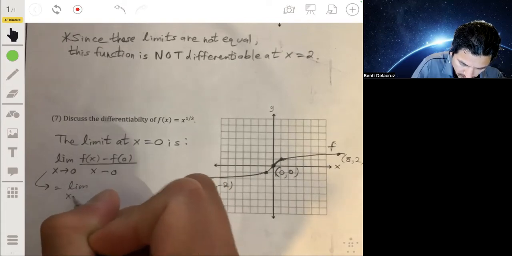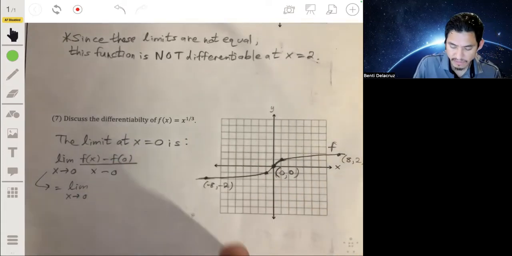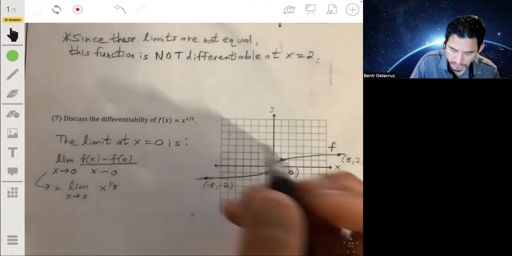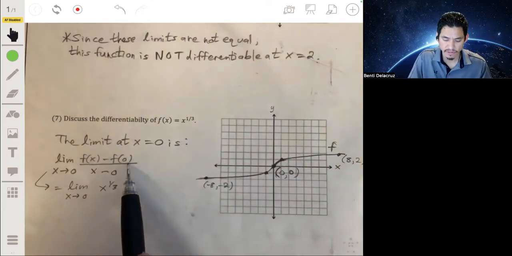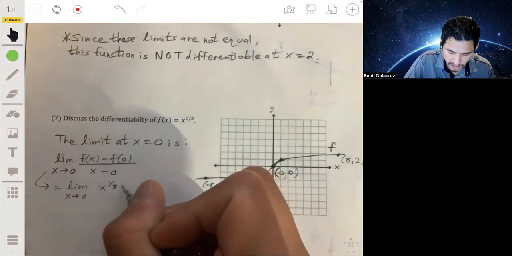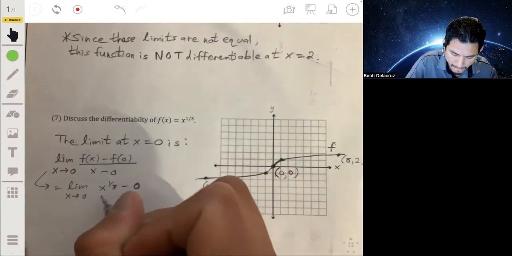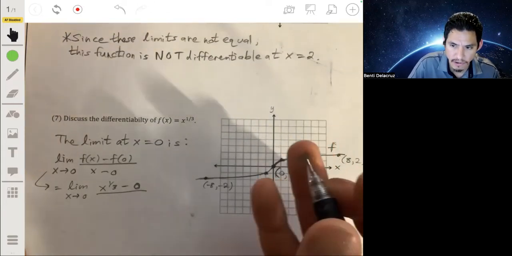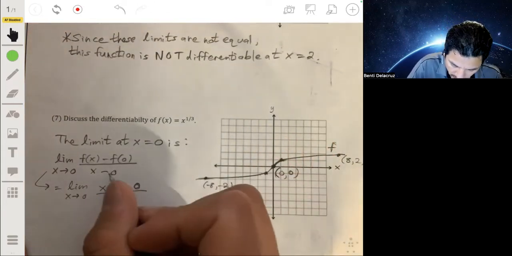That will be equal to the limit as x approaches 0. f of x is defined to be the third root of x, so x to the 1/3, minus f of 0, the third root of 0, which is just 0, over x minus 0, which is just x.